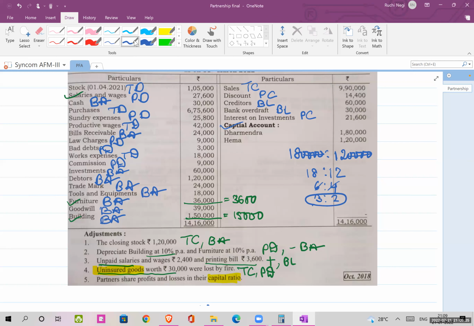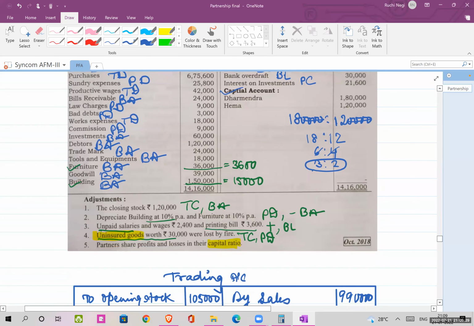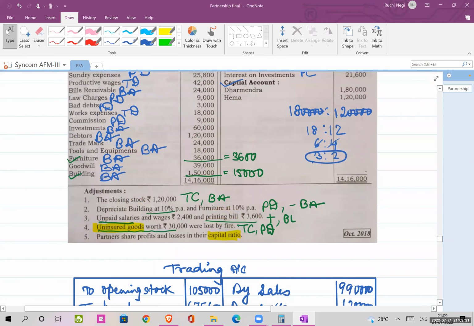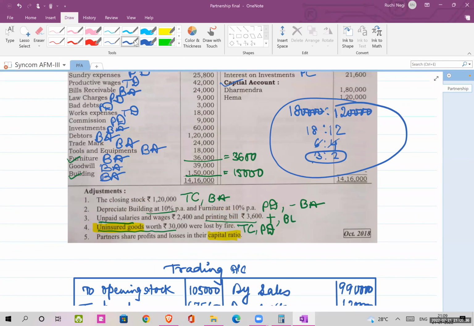So 3:2 is my profit sharing ratio in capital ratio. Is this clear? You can work this out as a working note as well. So this is how capital ratio is found. 3:2. Fine.